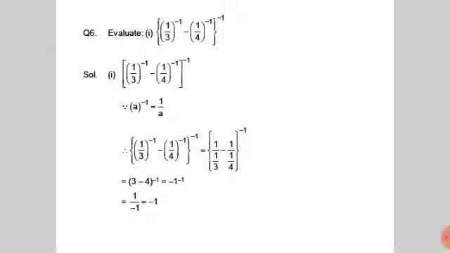Evaluate (1 by 3 the whole power minus 1 minus 1 by 4 whole power minus 1) whole power minus 1. So a power minus 1 equals 1 by a. 1 by 3 the whole power minus 1 is 3 power 1, minus 4 power 1, the whole power minus 1.